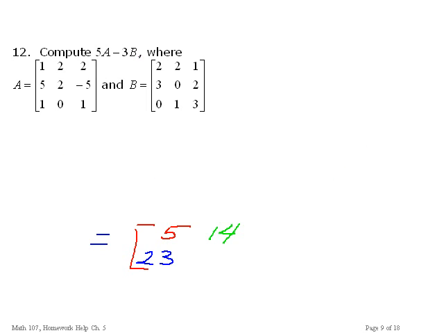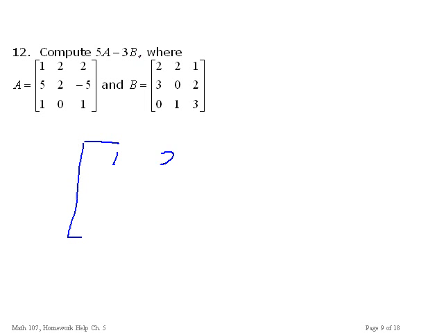In this case, you have to do another step before you do that, and that is you have to multiply by a scalar, 5 or minus 3 in terms of B. You can multiply it by minus 3 and then add. Let's say we have this one: 2, 2, 5, 2, minus 5, 1, 1.